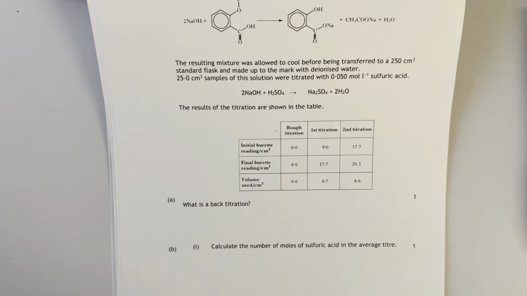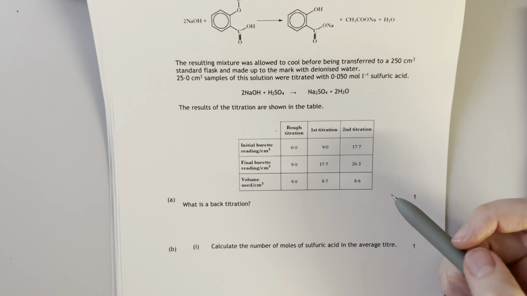B part 1, calculate the number of moles of sulfuric acid and the average titre. So for this one, what we're going to do is run a very simple calculation actually. We're going to look at an average volume used, and we're going to use that to do an n = cv. Because if you think about it, in a back titration, we always want to start with our second equation, so we're starting here.